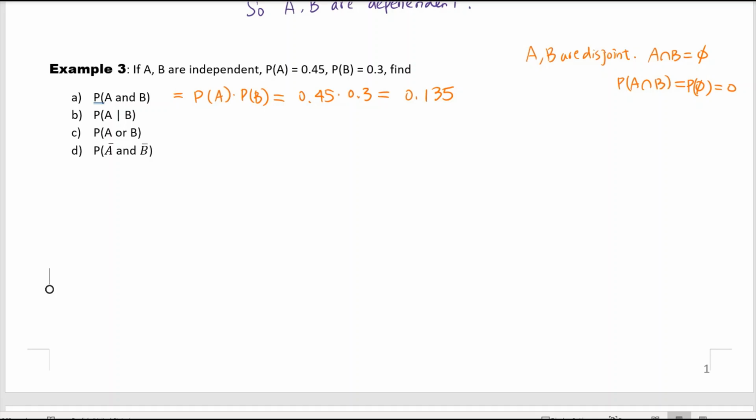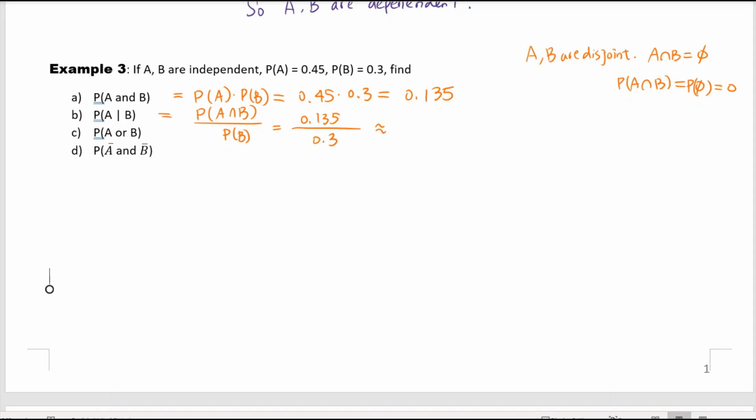Okay? And then part B, P of A given B. What is that? Well, by the definition of conditional probability, that's probability of A and B divided by P of B. P of A and B by part A is 0.135. P of B is 0.3.